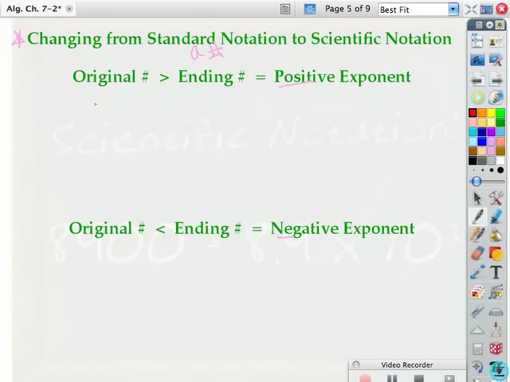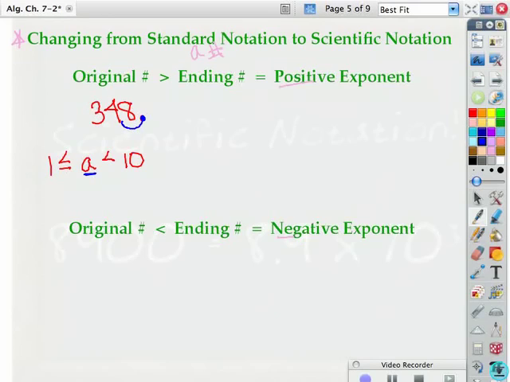So let's say I wanted to take the number 348 and put it into scientific notation. Well, remember that this number must be between 1 and 10. So any whole number, the decimal point is here. If we wanted to put this into scientific notation, we need to create this number so that it falls in this range.